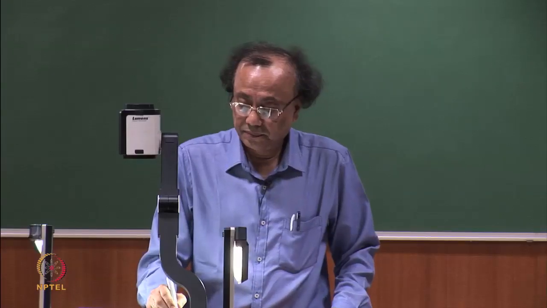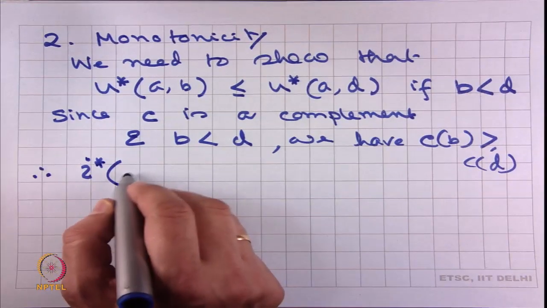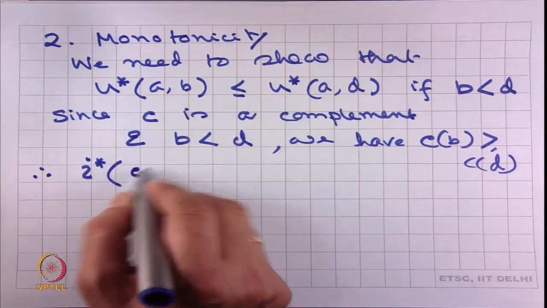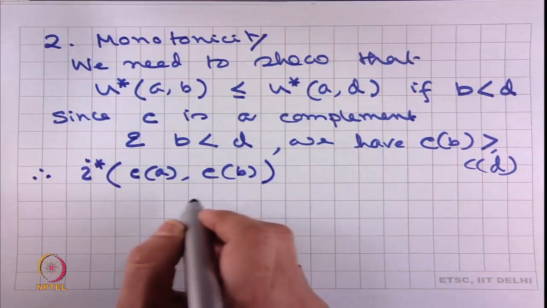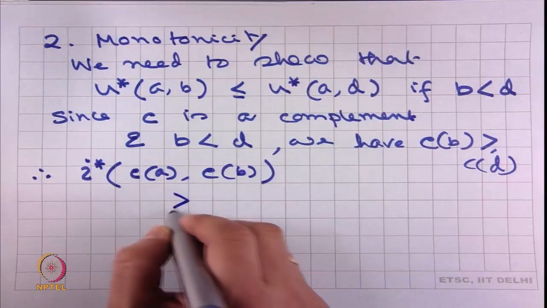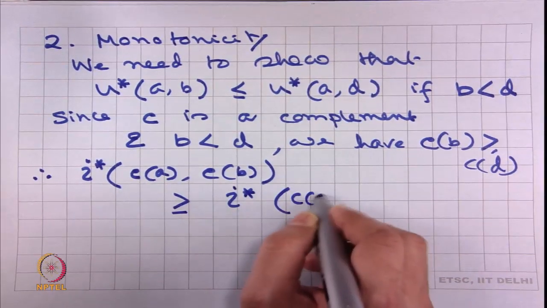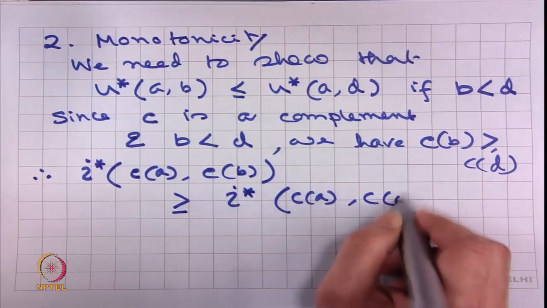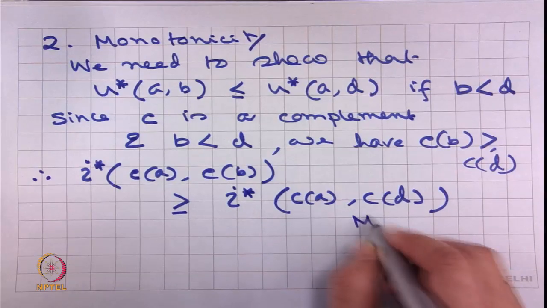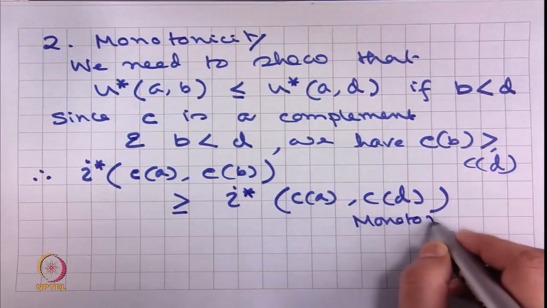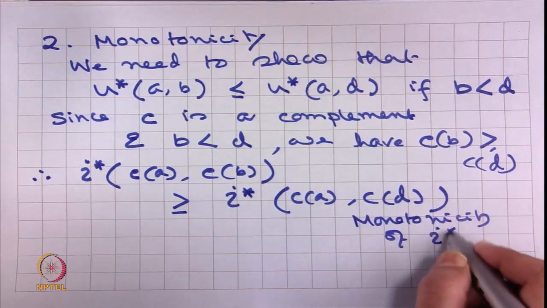Therefore, I star of C of a comma C of b is greater than or equal to I star of C of a comma C of d. This is because of monotonicity of I star.